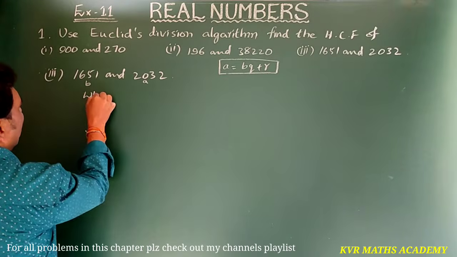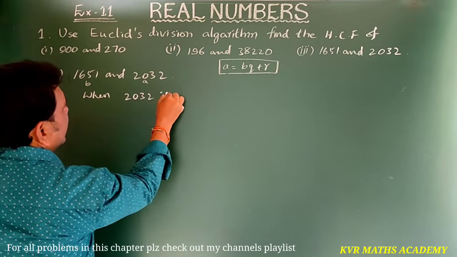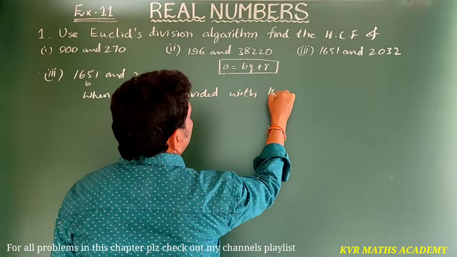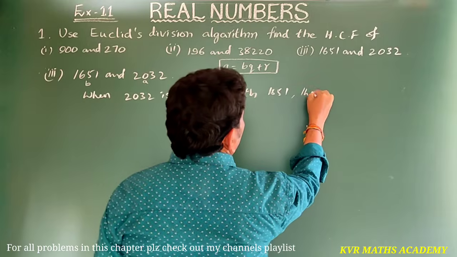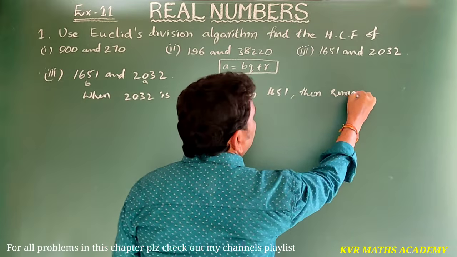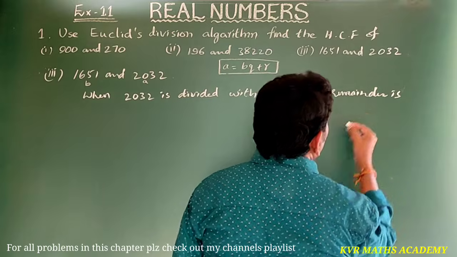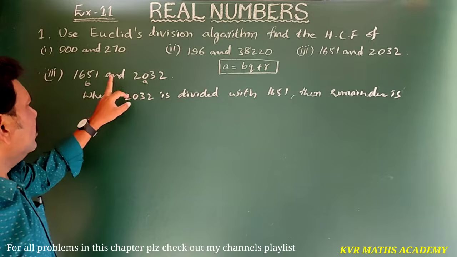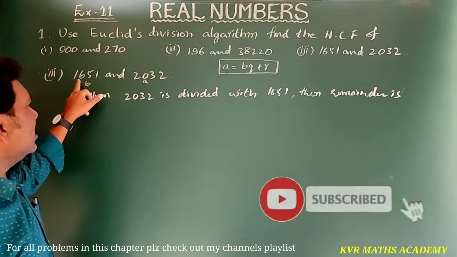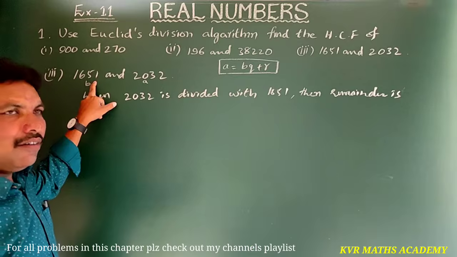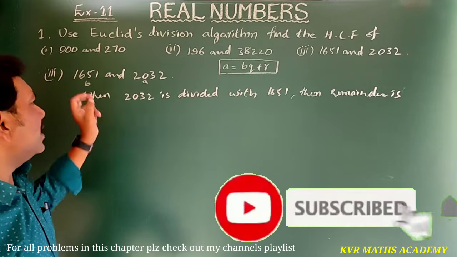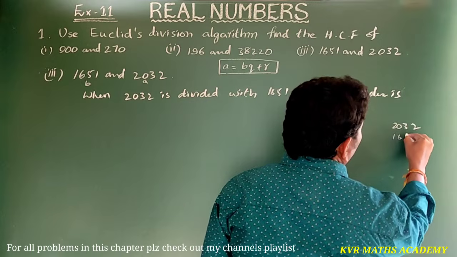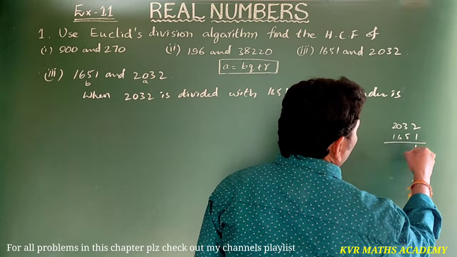When 2032 is divided with 1651, what is the remainder? 1651 gets cancelled one time. So 2032 minus 1651, how much is the remainder?